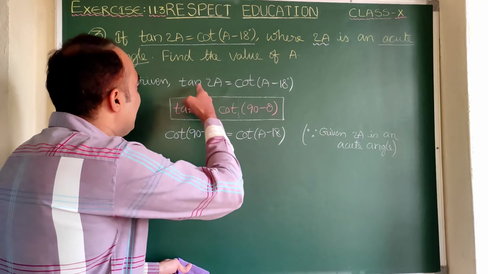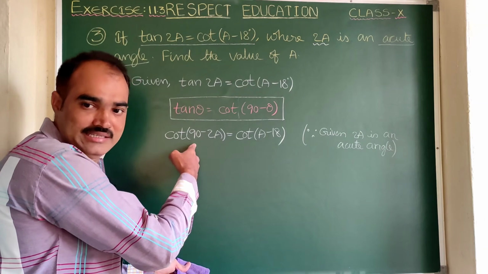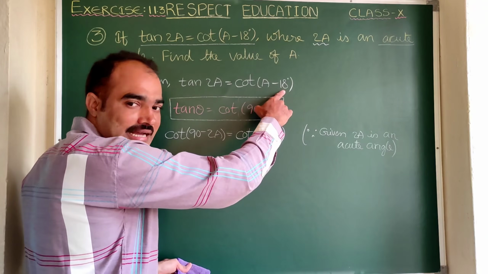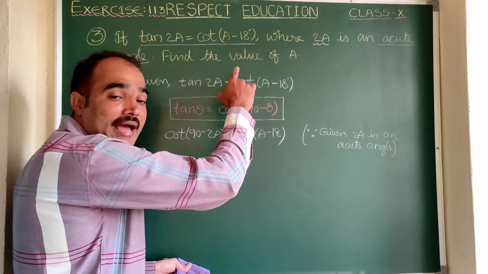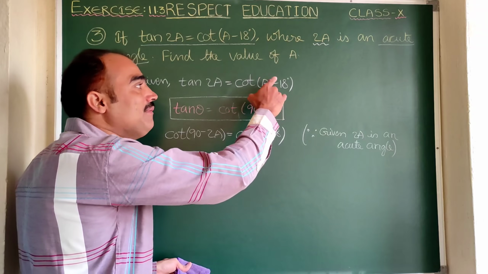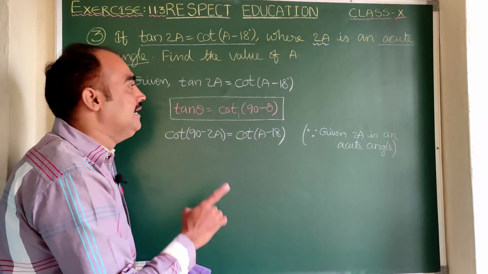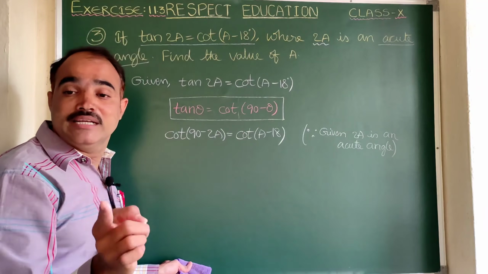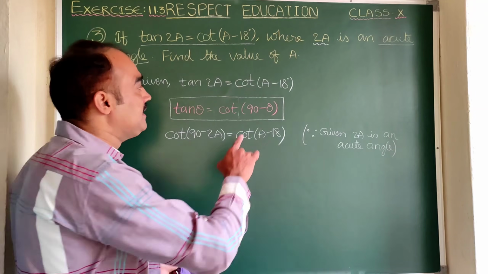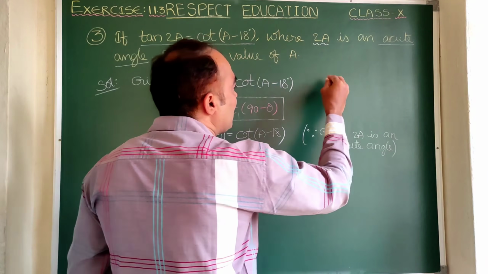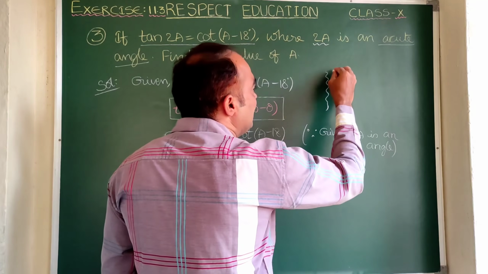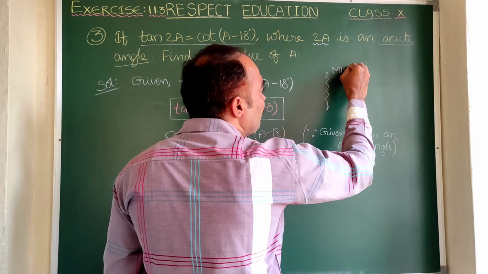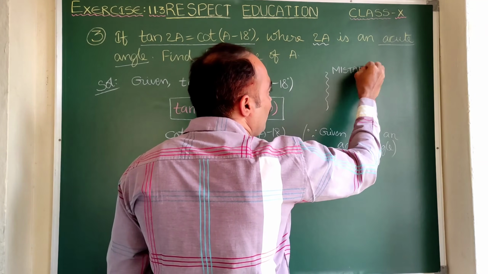The other way is to maintain tan 2a as it is and write cot(a minus 18 degrees) as tan of (90 degrees minus (a minus 18) degrees). But here you may commit a mistake in the exam.